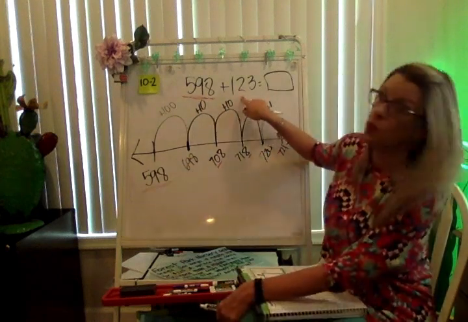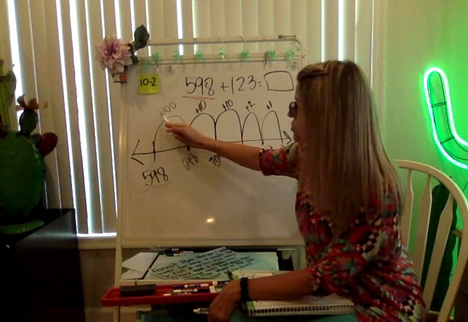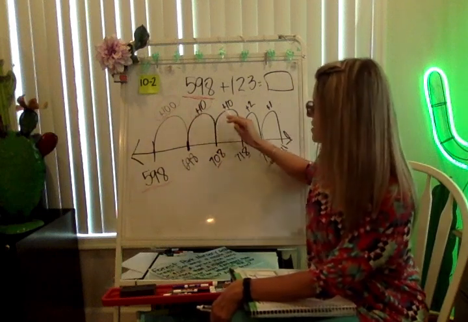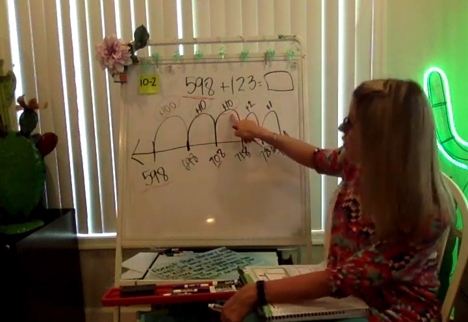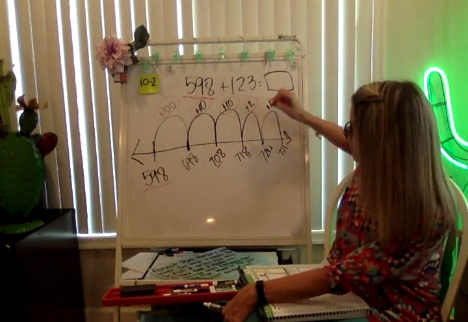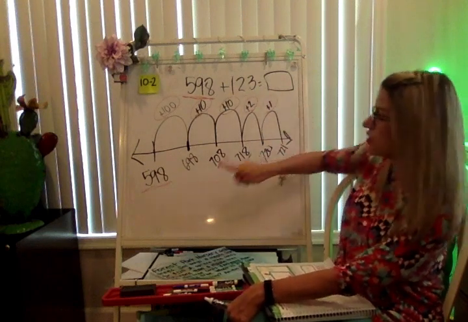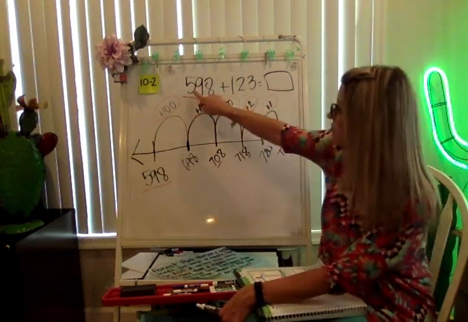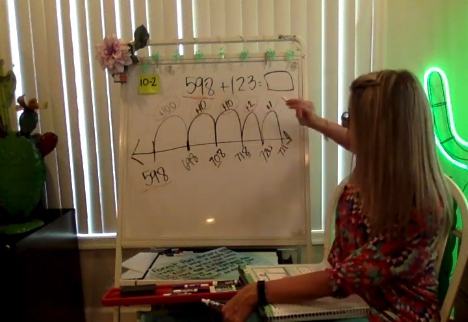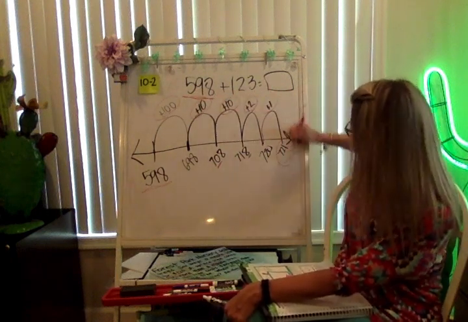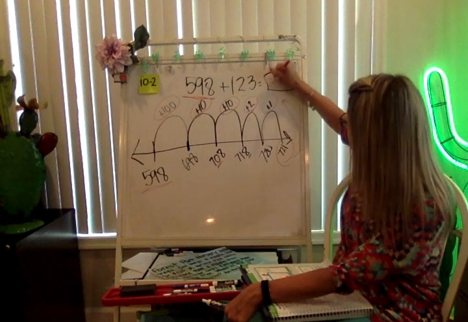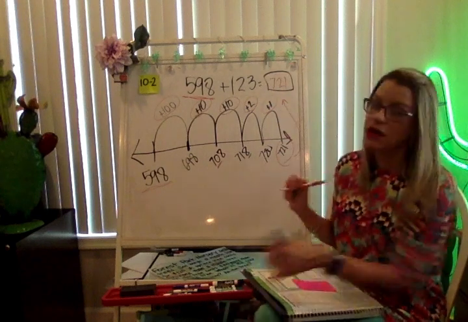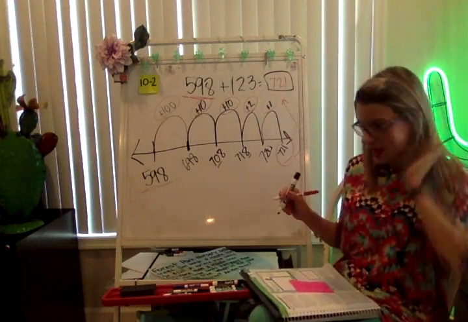I needed to add 123. Double check. 100 plus 10 is 110, plus 10 more is 120. Here's 122, 123. So I have added 598 plus 123. My answer should be 721. And that's how you show it on your open number line.